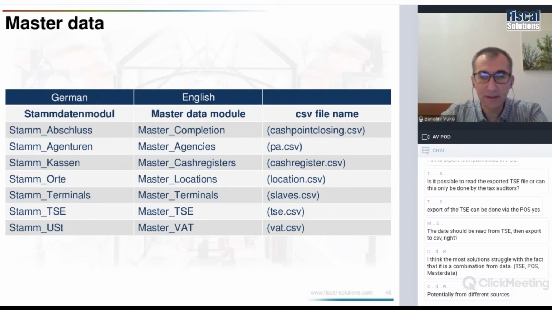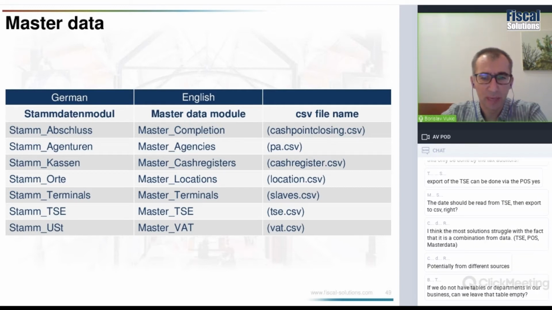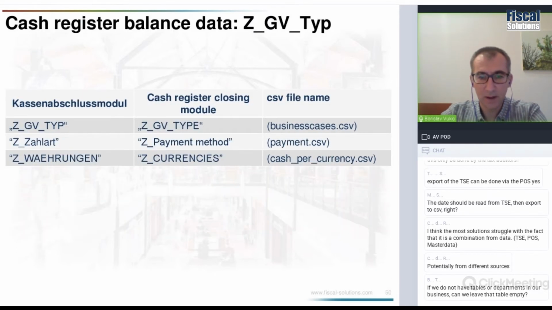For the master data, we have master locations, where the individual business locations with the cash registers are stored. Information about special cash registers is in the master terminals. We also have the agencies, so these are the tables from the master files and cash closing register balance.